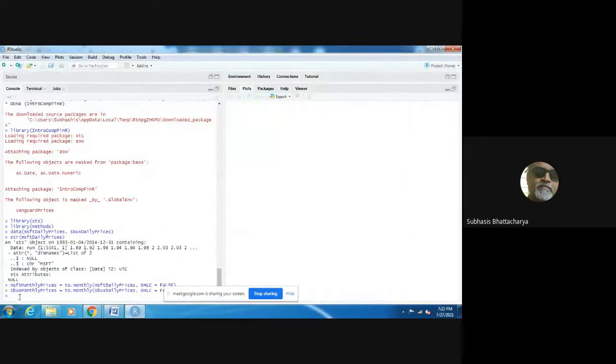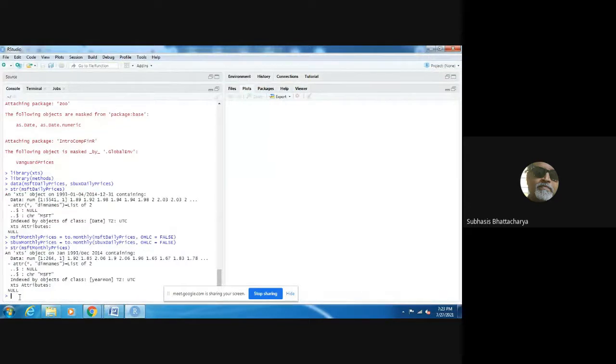Earlier it was the daily prices; these are the monthly prices.